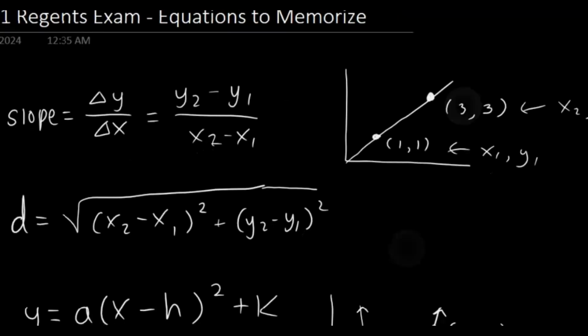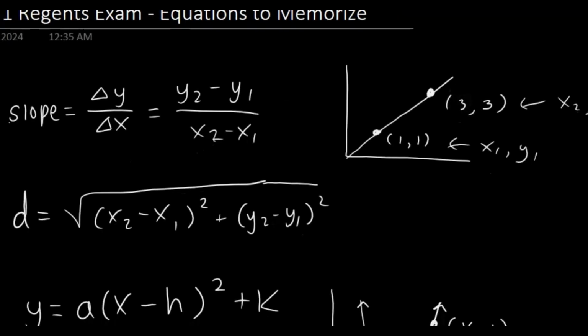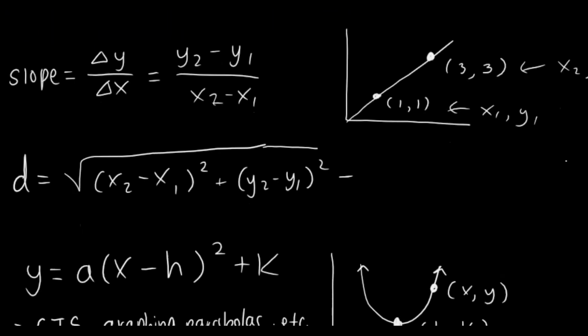So if you were to just do this example here using the distance formula, let's say the question asked, what is the distance between this point and this point? So let me back up here. I would just use this formula.